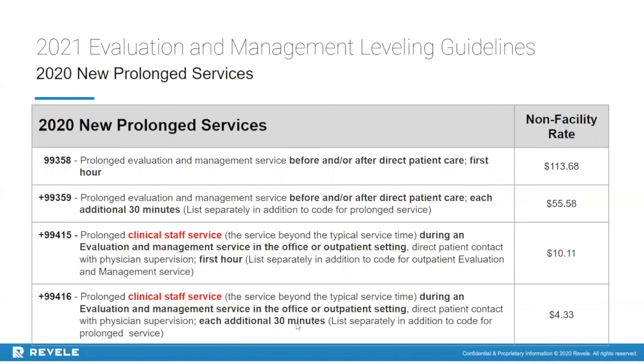And also you have the 99415 and 99416. These are for prolonged clinical staff services during an evaluation and management service in the office or outpatient setting with direct patient contact with physician supervision, first hour, and each additional 30 minutes.